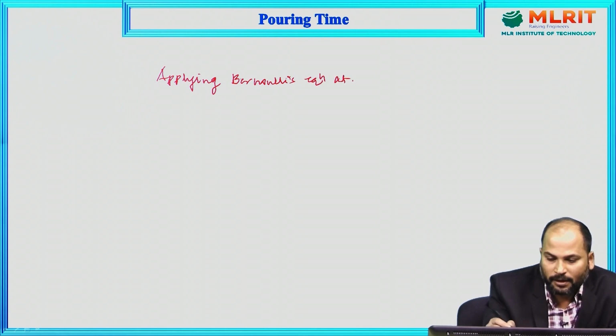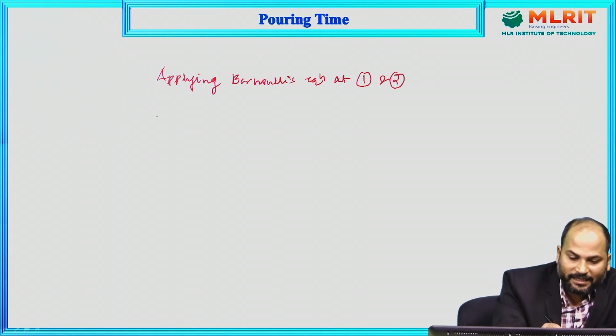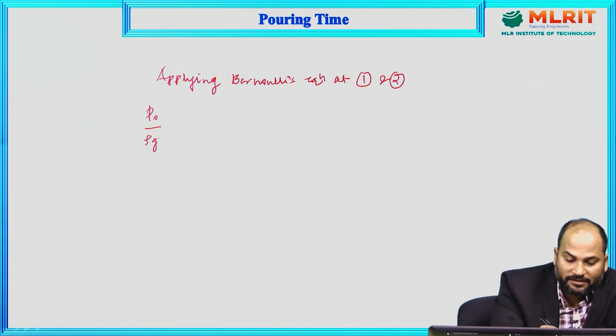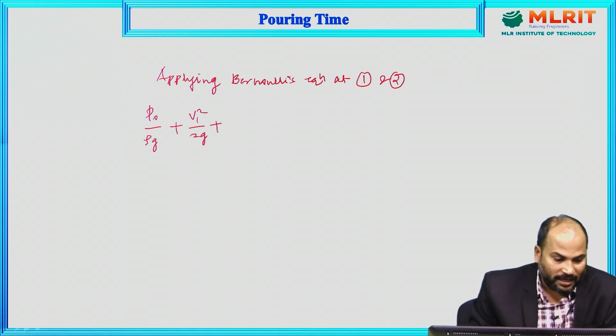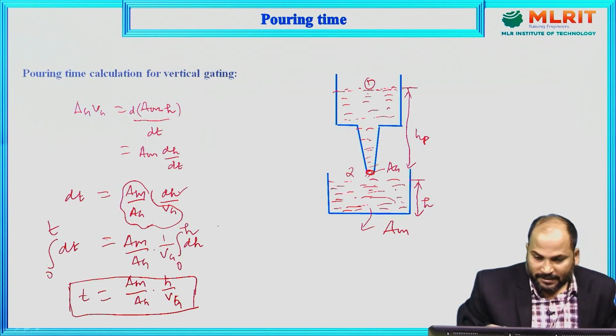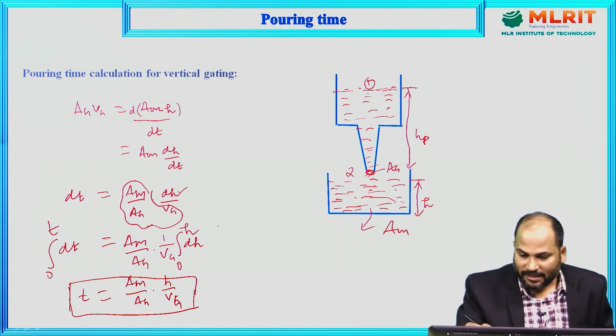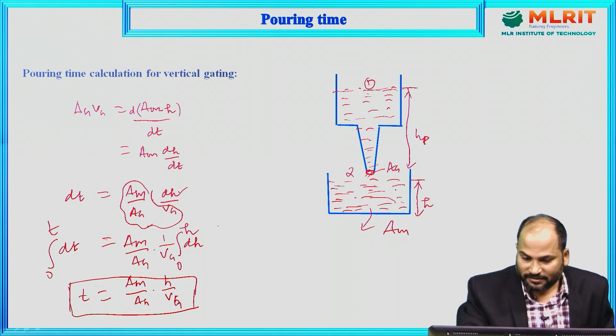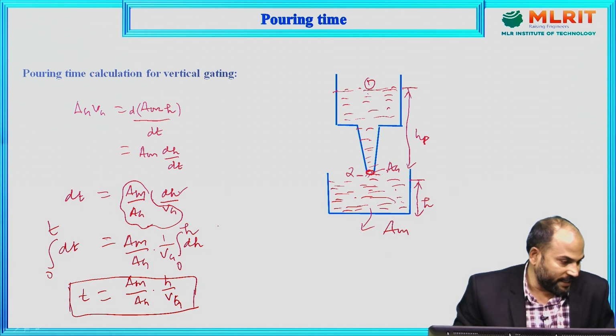Applying Bernoulli's equation at sections 1 and 2, we can write P naught, that is atmospheric pressure, upon density times acceleration due to gravity, plus velocity at section 1, V1 square upon twice g, plus whatever the height is. If we take this reference line, this height is HP actually.